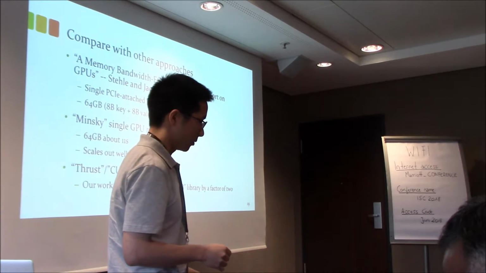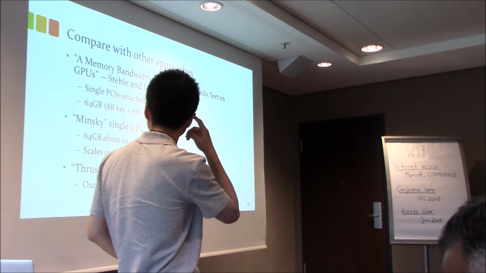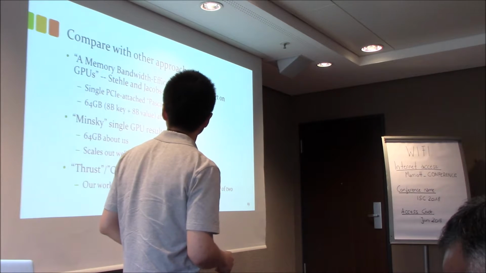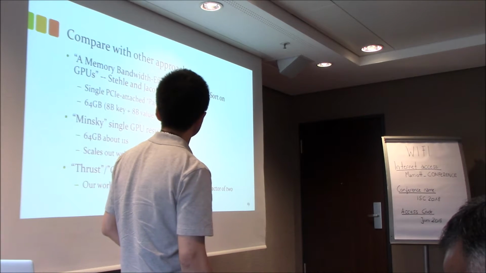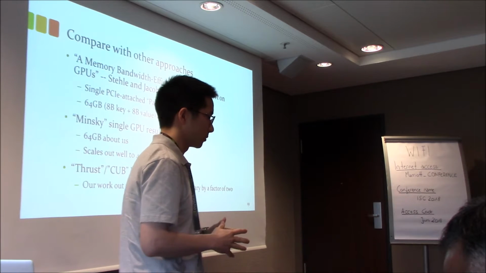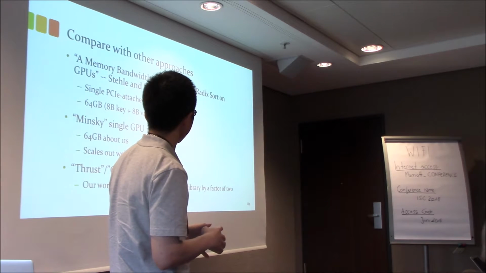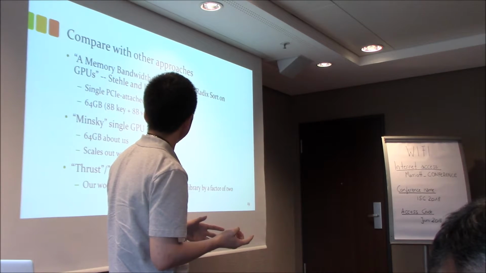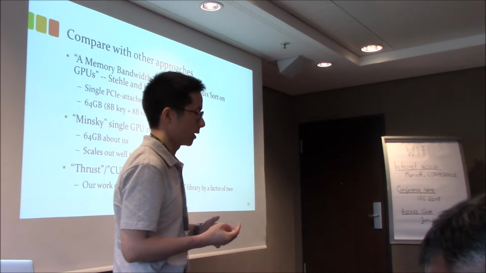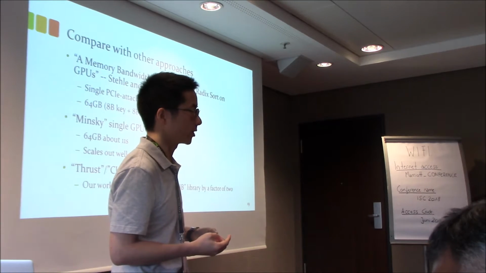Compared to results in academia, for example, there is a work from Stehle and Jacobsen. They did a survey on the prior art on sort, and they proposed their hybrid radix sort. They are doing the sort on a PCIe attached Pascal GPU, similar to our Minsky Power 8 system.